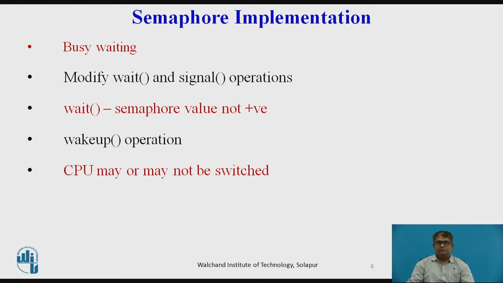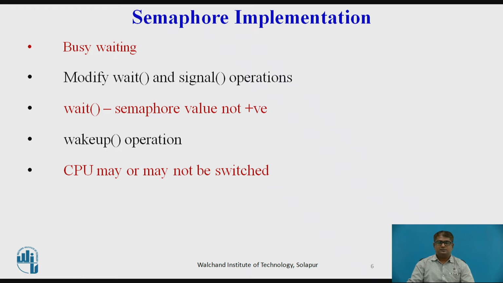However, rather than engaging in busy waiting, the process can block itself. The block operation places a process into a waiting queue associated with the semaphore, and the state of the process is switched to the waiting state. After that, control is transferred to the CPU scheduler, which selects another process to execute.